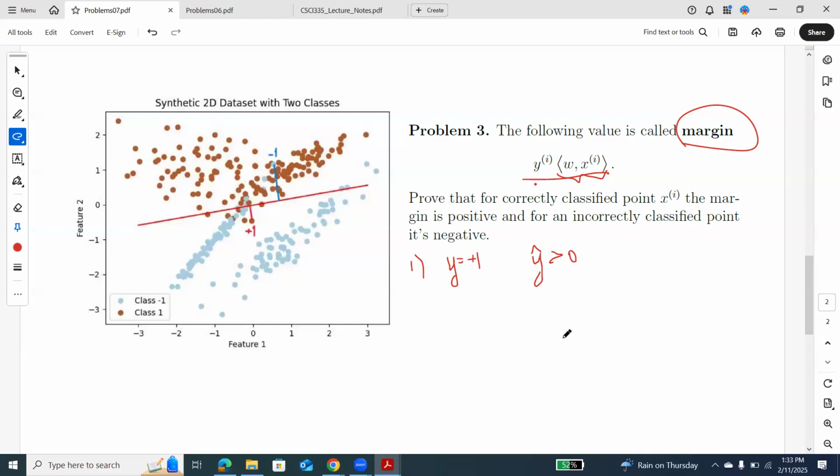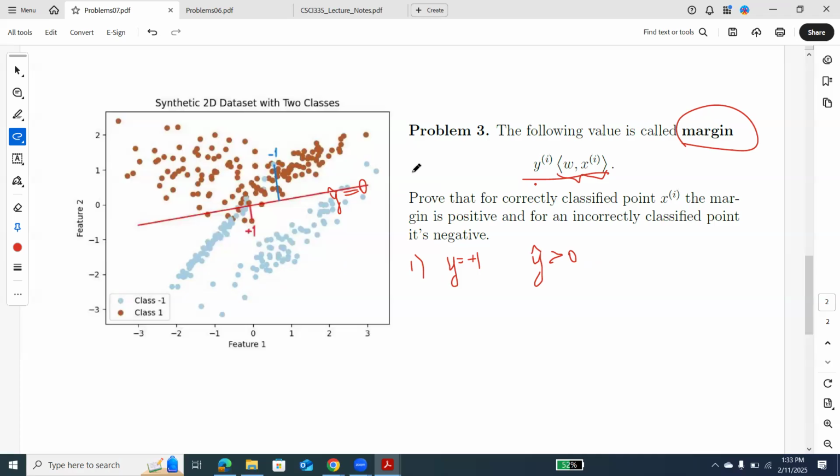So again, a little bit about visualization. On this line, our prediction is 0. Wx is 0. Like above, the Wx will be greater than 0, and below, Wx will be negative.